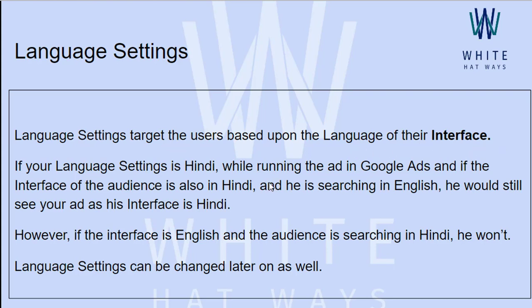In this case, the language of their interface is Hindi, so he will see your ad, though he is searching in English. However, if the interface is English and the audience is searching in Hindi, he won't. Why? Because again, it is always based on the language of their interface.